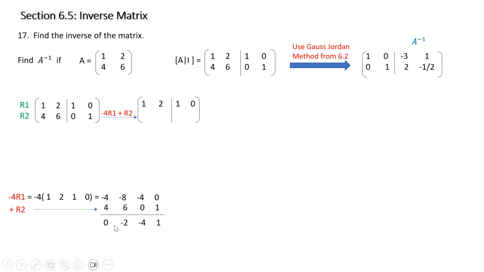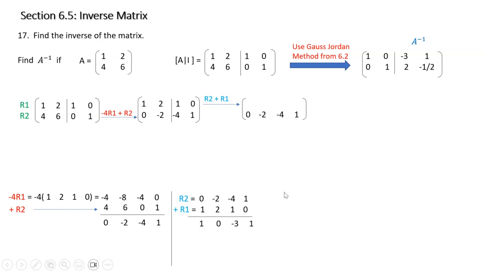So it's going to give us 0, negative 2, negative 4, and 1. So that's my new row 2. Now for the second step, I'm going to keep row 2. I'm going to multiply these two because if we just add them, they'll cancel. They'll give me a 0 where the 2 is. And here's my work. It's going to give us 1, 0, negative 3, and 1.